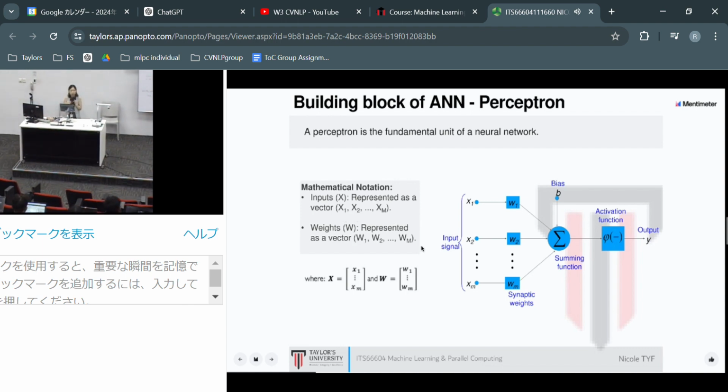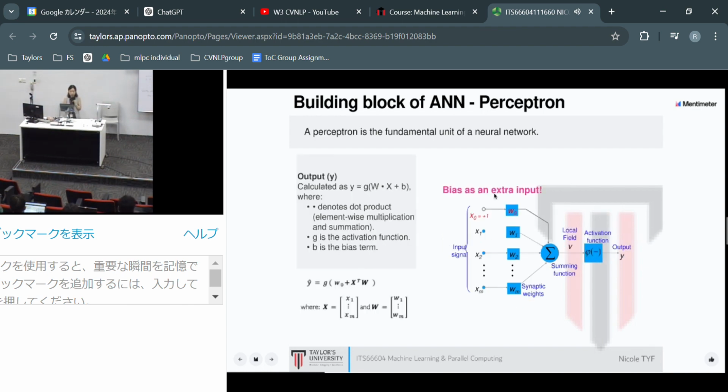And before we come to subjecting this summation through an activation function to produce our output, we will also add on a bias term that can be thought of as w0, one of the weights that does not change, that is constant. Okay, so our output will then be calculated as this function.